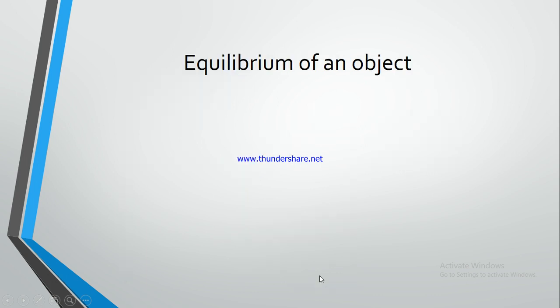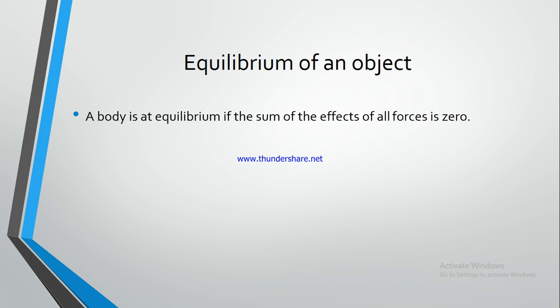So in the previous slides, we saw that each force has an effect, and if we have multiple forces whose effects sum up to zero, then the object is at equilibrium. What we mean by equilibrium is if the object is at rest, it should stay at rest, and if it's moving, its motion is uniform.